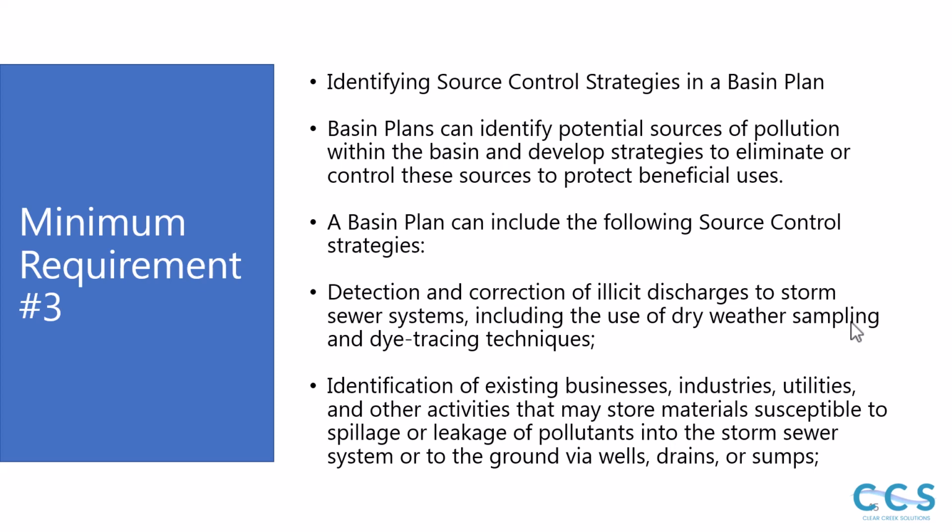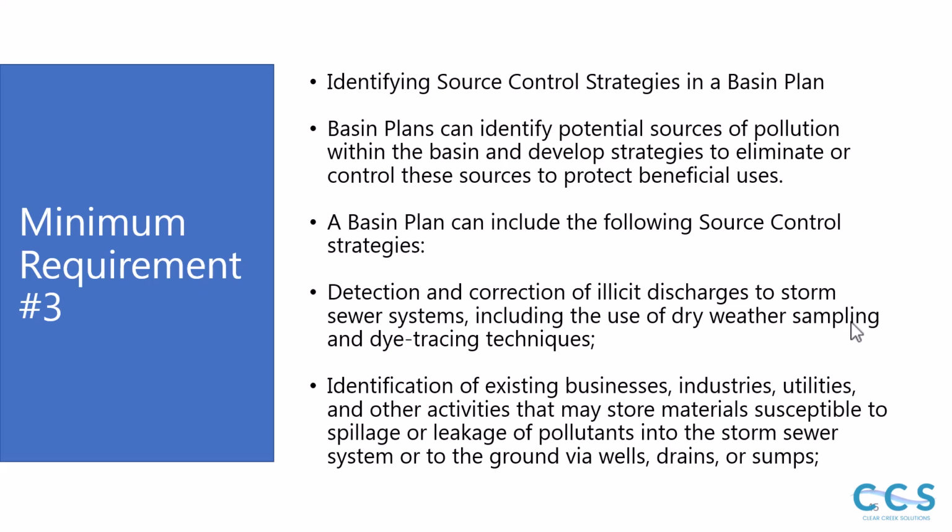One would be detection and correction of illicit discharges to storm sewer systems, including the use of dry weather sampling and dye tracing techniques that allows you to track the path of water or the pollutants in that water. Identification of existing businesses, industries, utilities, and other activities that may store materials susceptible to spillage or leakage of pollutants into the storm sewer system or to the ground via wells, drains, or sumps.